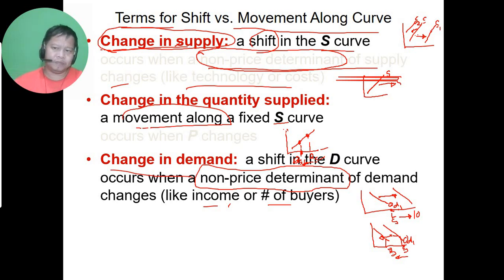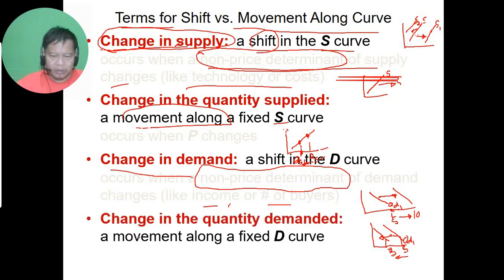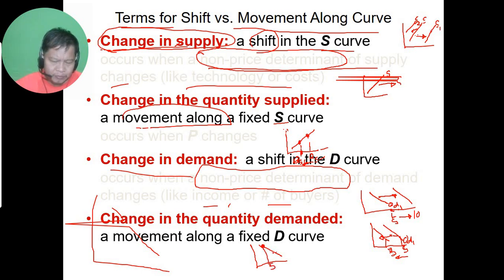Okay, so that is a shift of the demand curve. A change in quantity demanded, on the other hand, is a movement along the fixed demand curve. Sorry, for example, this is the demand, so movement along the demand. Before, you were here, the lower point, so your demand first was, shall we say, 5, and then it changes to, shall we say, 10.